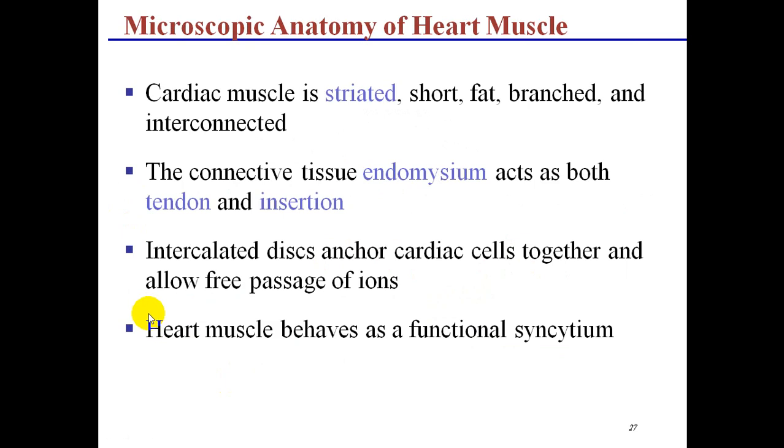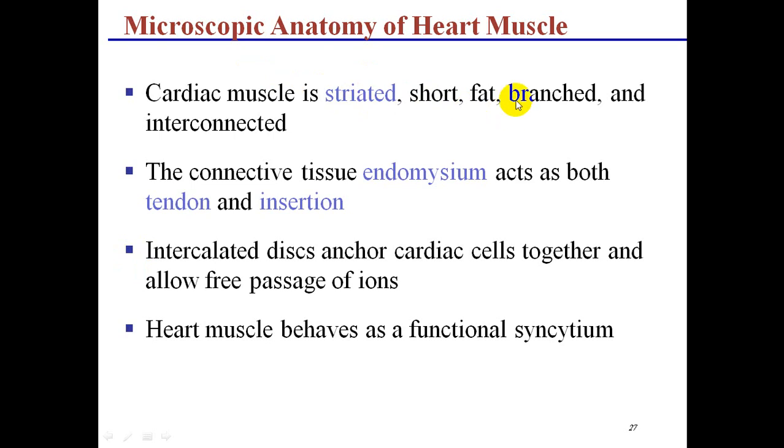Now, I think this is enough at the cellular level of the physiology of cardiac muscle. Now to the isolated muscle fibers, I mean to study the physiology of the heart at the level of the muscle fibers. What are the characteristics of the muscle fibers of the heart? Cardiac muscle is striated like skeletal muscle, short, not long fibers like skeletal muscle, fat, and branched.